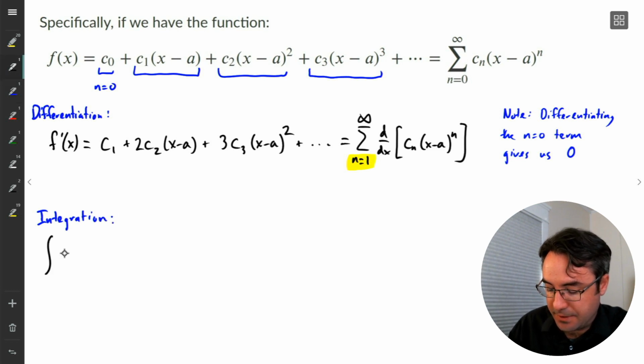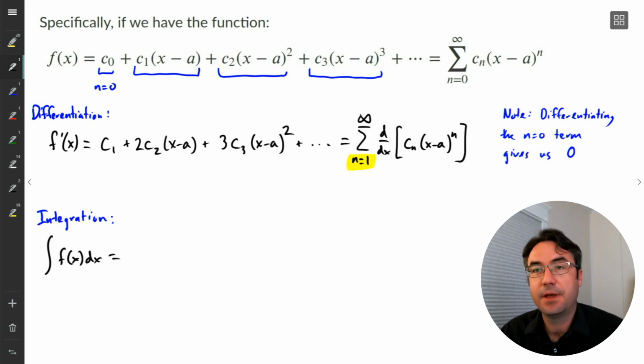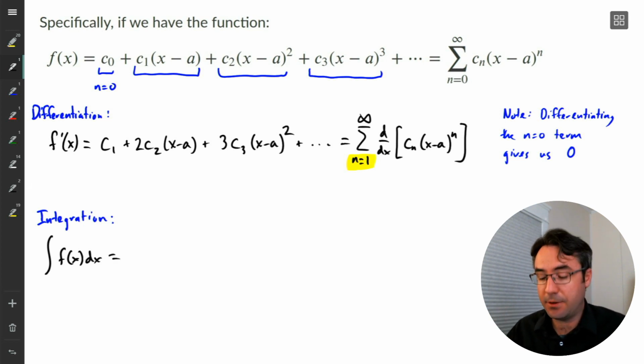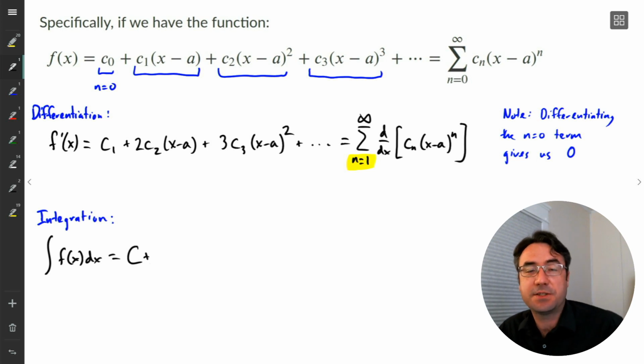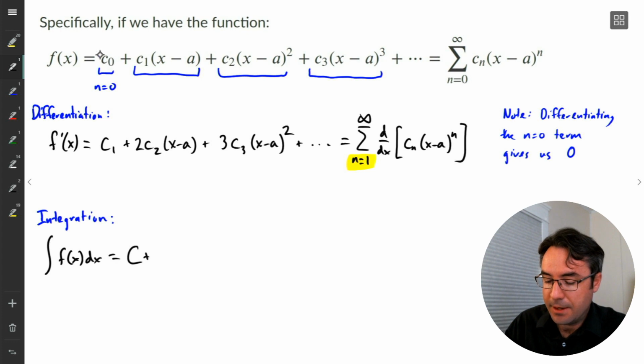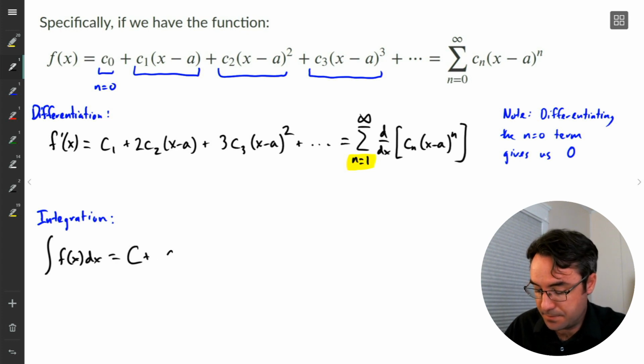So we're going to calculate the integral of f of x dx, find the antiderivative. And what we're going to do is the same idea. We're just going to go through each term and just integrate it. So we know with integration, we always add on a plus C, so we'll put that at the beginning this time. Now let's integrate this first term, c0.